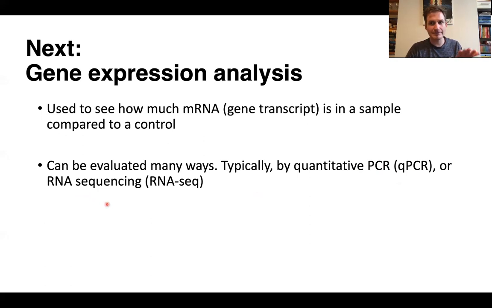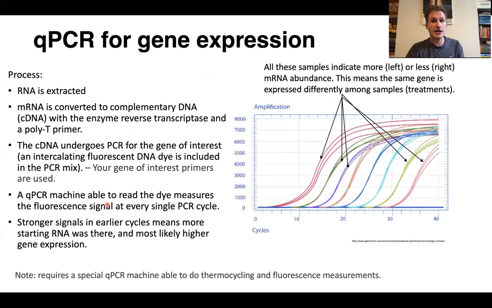And again, that relies on sequencing. But both rely on PCR. qPCR relies on the fact that you extract RNA, you convert the mRNA portion of the RNA to complementary DNA, or cDNA, with the enzyme reverse transcriptase.